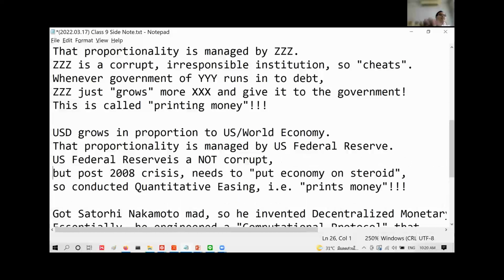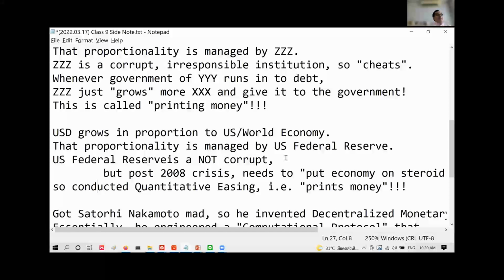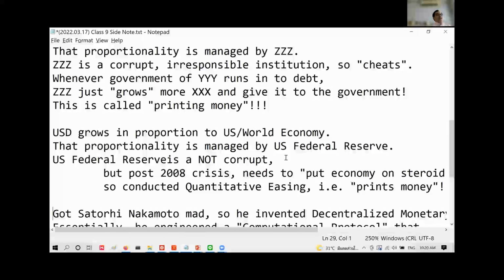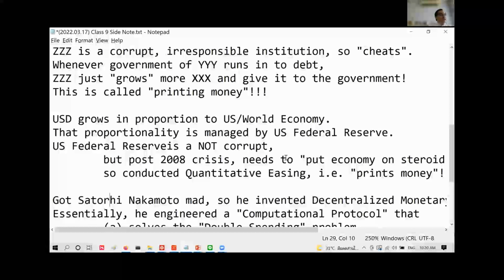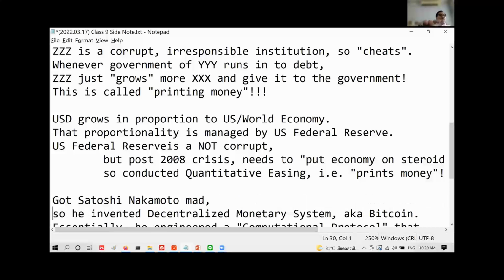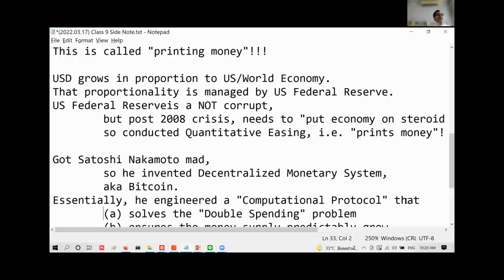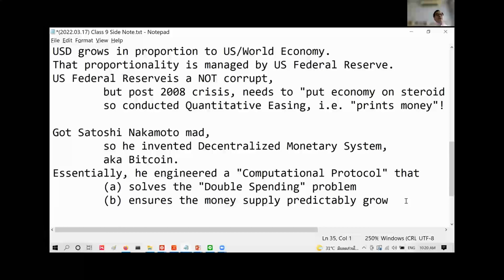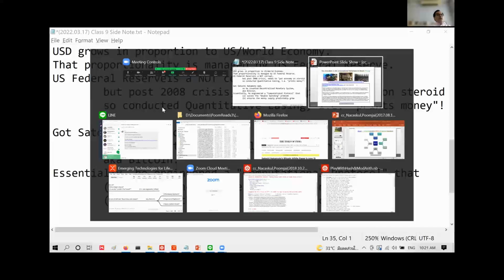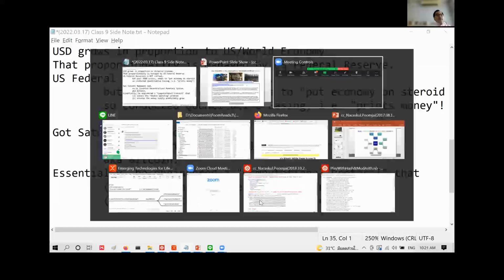In other words, the Federal Reserve printed money. This got Satoshi Nakamoto mad. So he invented a decentralized monetary system, aka Bitcoin. Essentially, he does this by engineering a computational protocol that solves the double spending problem and ensures that the money supply predictably grows. And this is where I refer you to the video of how Bitcoin works.